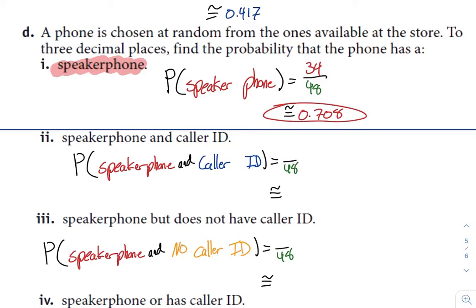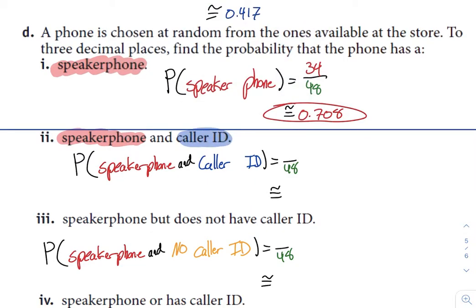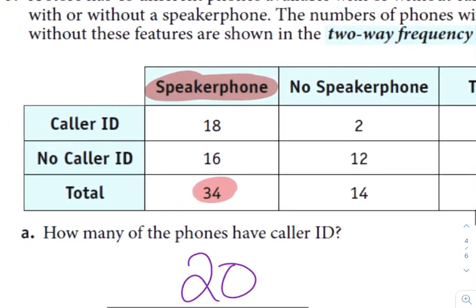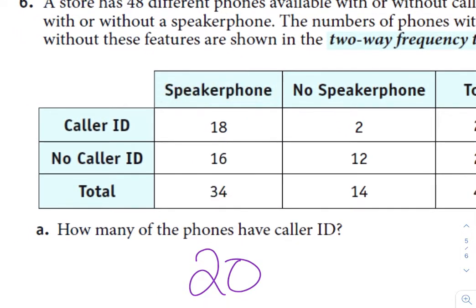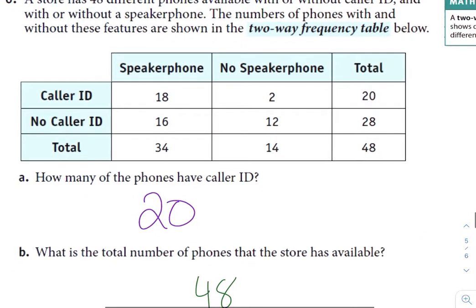So now we want to take a look at speakerphone and caller ID. So now we need to have both of these things in our phone. So we're going to go back up. We've got the speakerphone and caller ID. Remember, caller ID was this row here, and speakerphone was this row here.